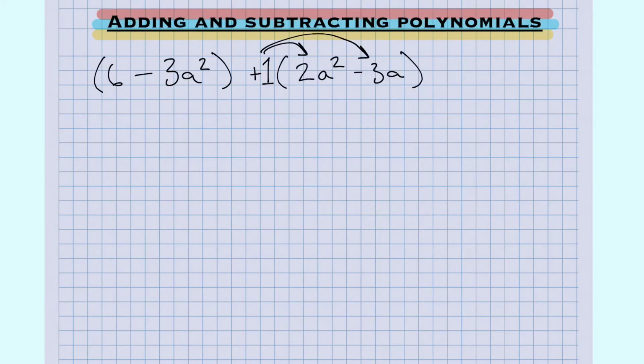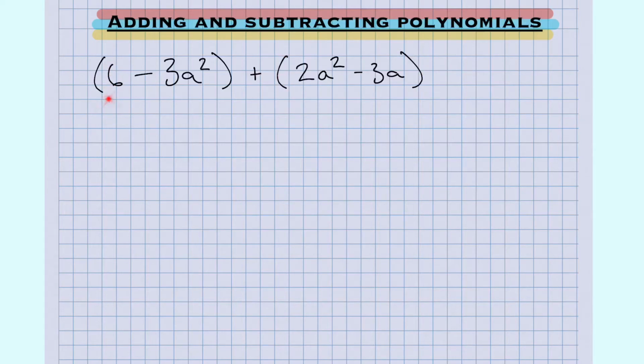Well, it's going to be the exact same thing, right? 1 times 2a squared is just 2a squared. 1 times -3a is just -3a. Okay, so you don't really need to do any distribution when you see a positive sign. When you see a positive sign like this, you could just go ahead and drop the parentheses.